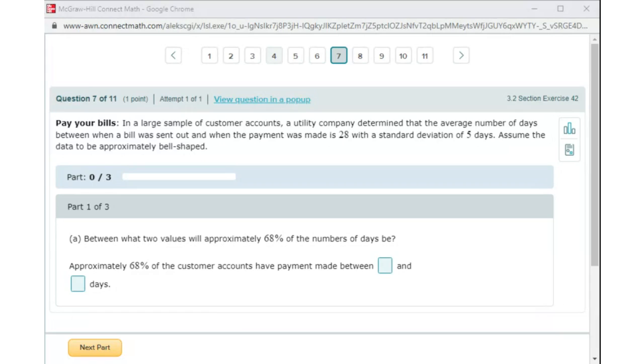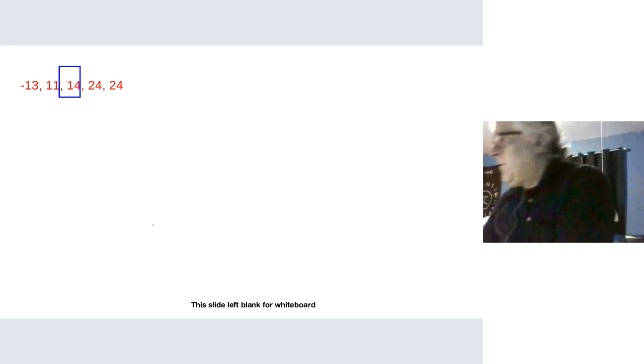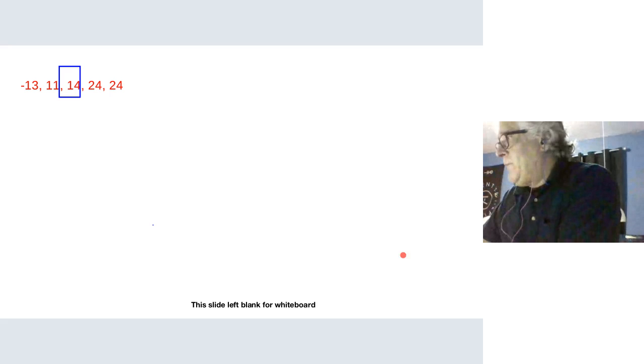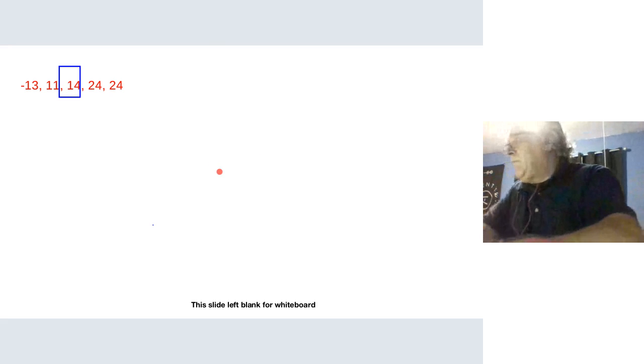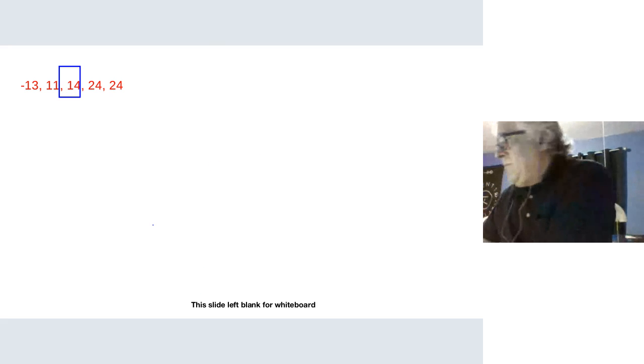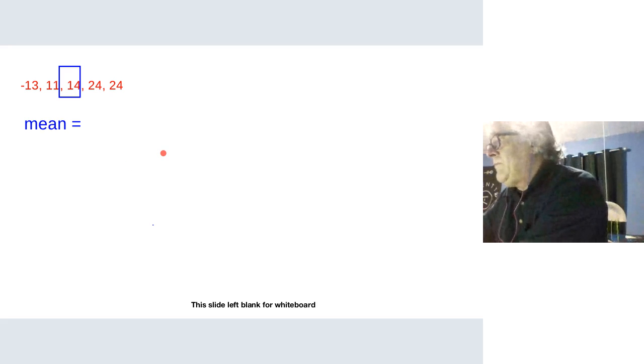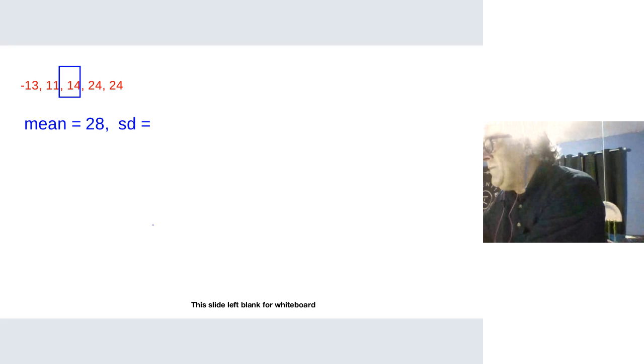The standard deviation was, and I'll just do some calculations over here. I forgot what it was already. It was 28. And then this standard deviation is 5.